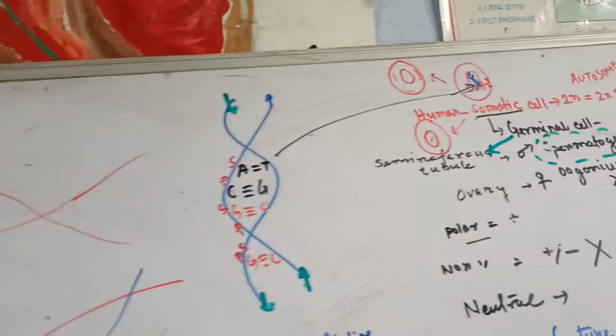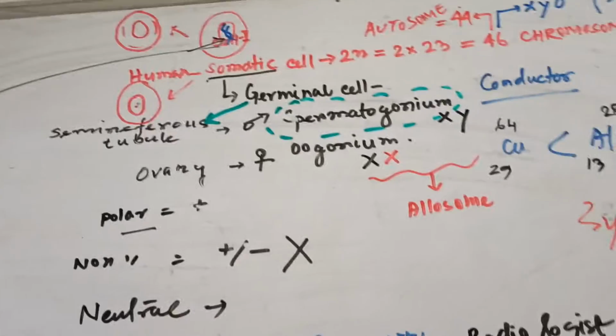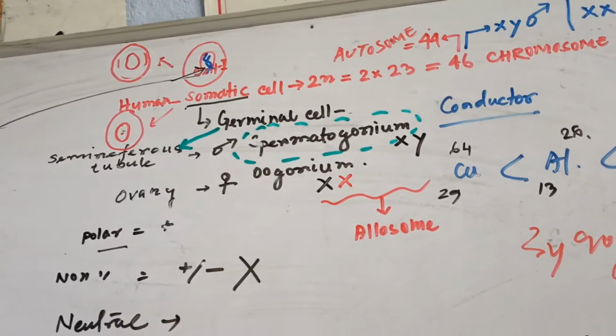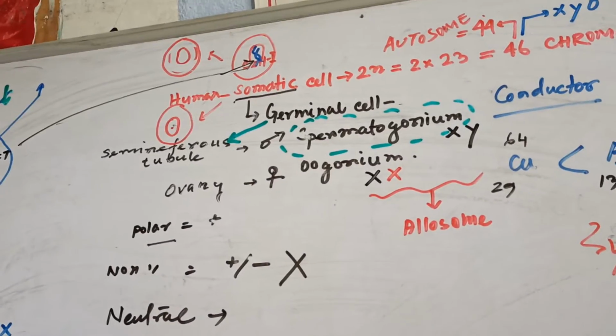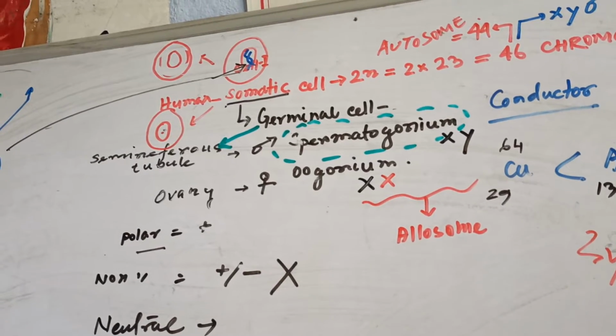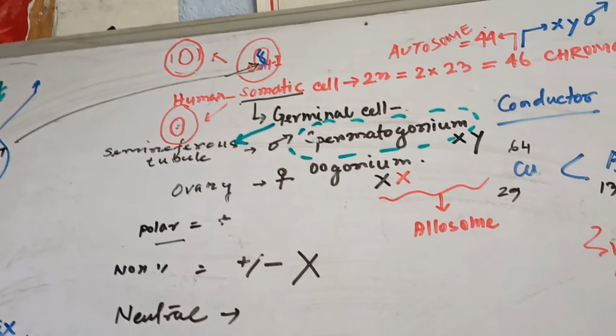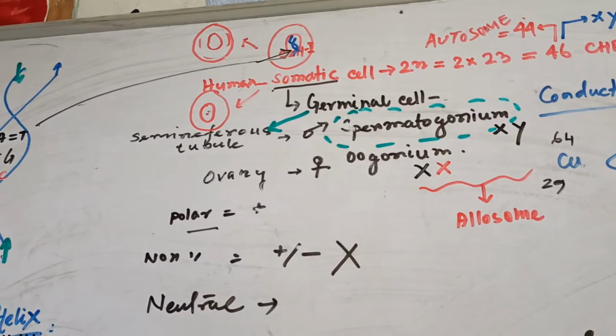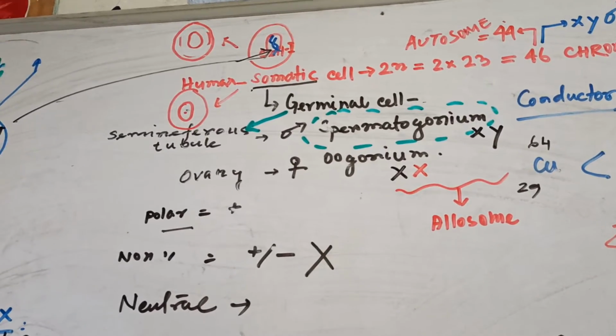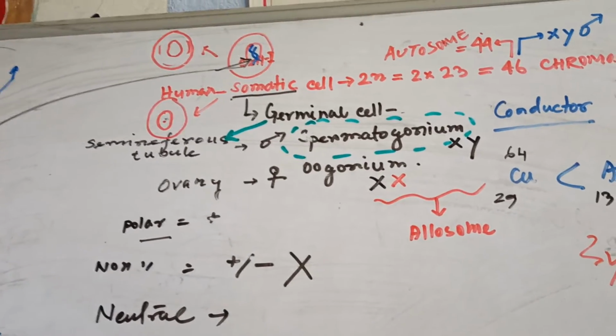So somatic cell means your cell, human somatic cell. So any cell, liver cell, Kupffer cell, your blood cell, epithelial cell, skin cell, everything.